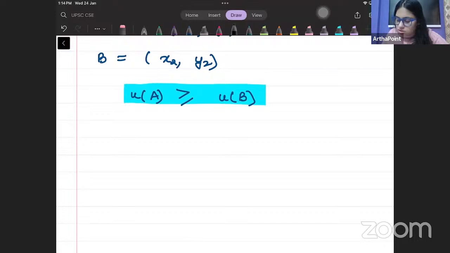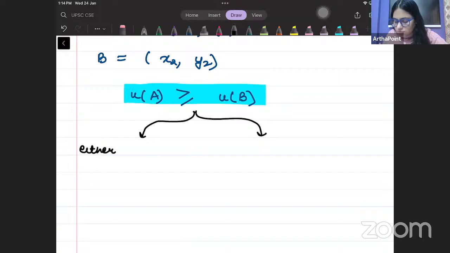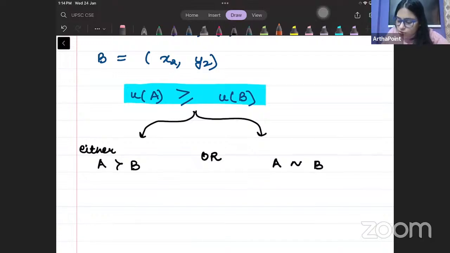But how can we show this? Weak preference means either A can be preferred to B or you are indifferent between A and B. देखो, ऊपर वाला जो sign है, this one means A is having more utility than B. If A will have more utility than B, then A will be preferred over B. If A will be having equal utility to B, A और B की utility बराबर की है, then you will be indifferent between A and B. Now these two are combined together.